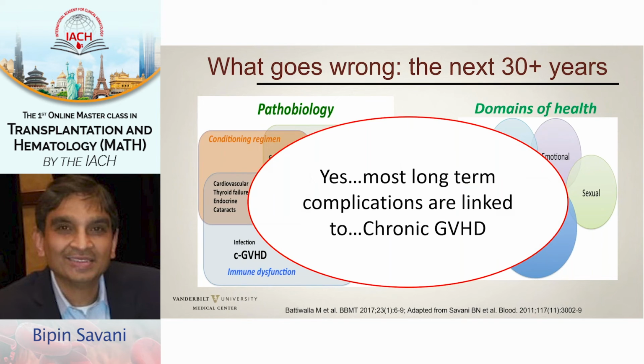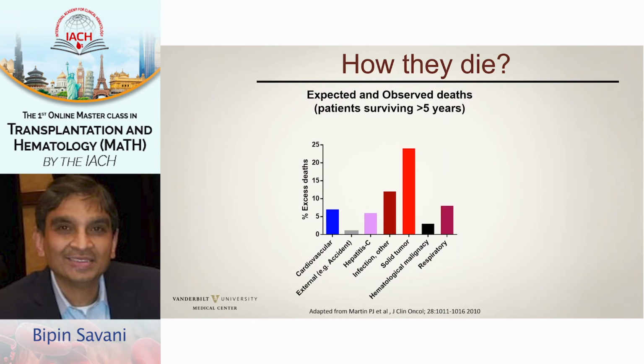Chronic GVHD and associated immunodeficiency are the primary cause of transplant-related mortality late after allotransplant and contribute directly or indirectly to most listed complications. So here we can prioritize how our clinical management and research priorities can be allocated.